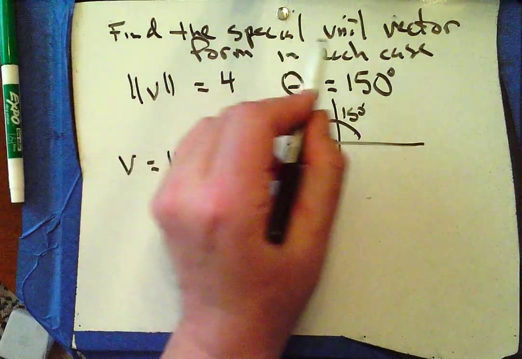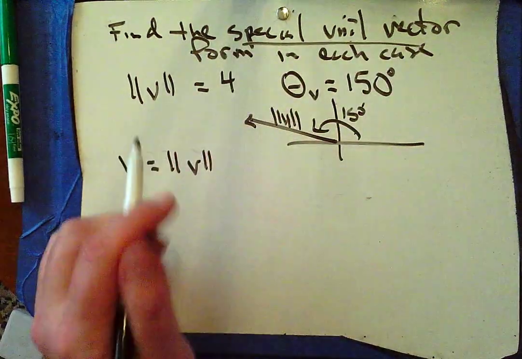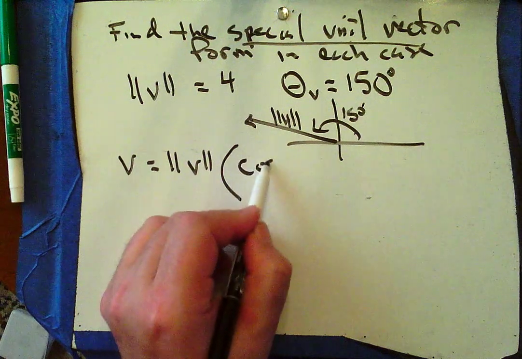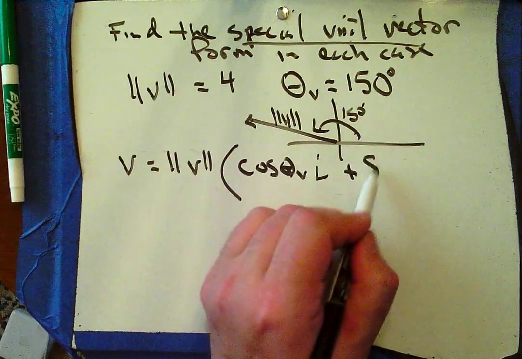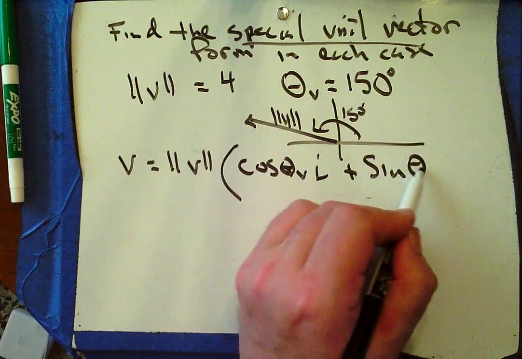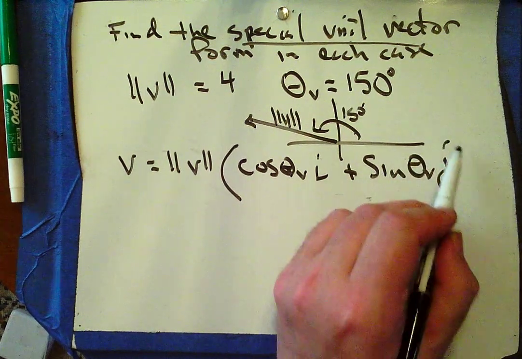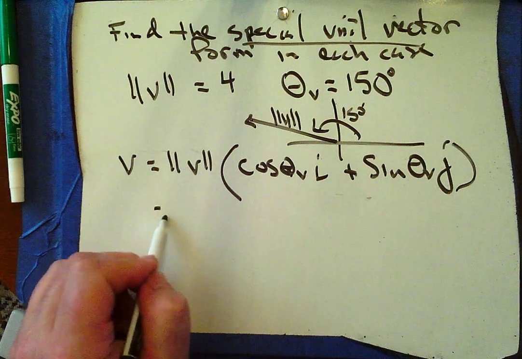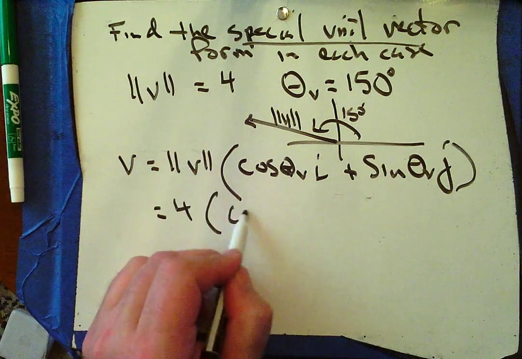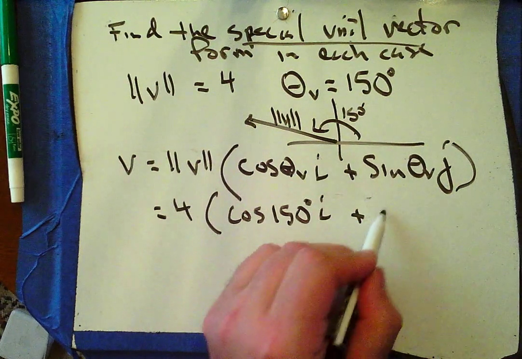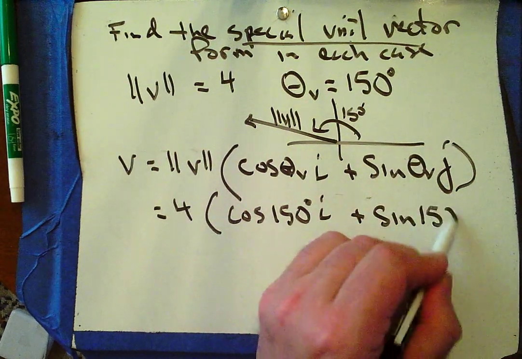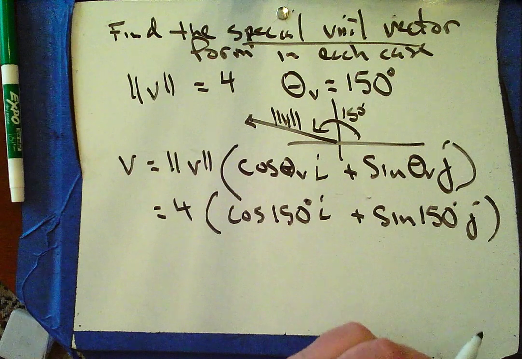I'm doing special unit vector form: the magnitude times, in parentheses, cosine theta v i plus sine theta v j. And so I've got 4 times cosine of 150 i plus sine of 150 j.